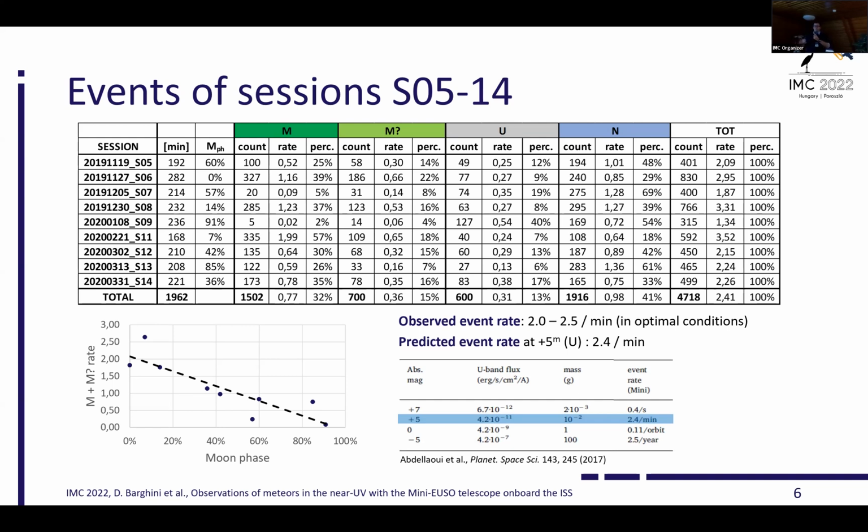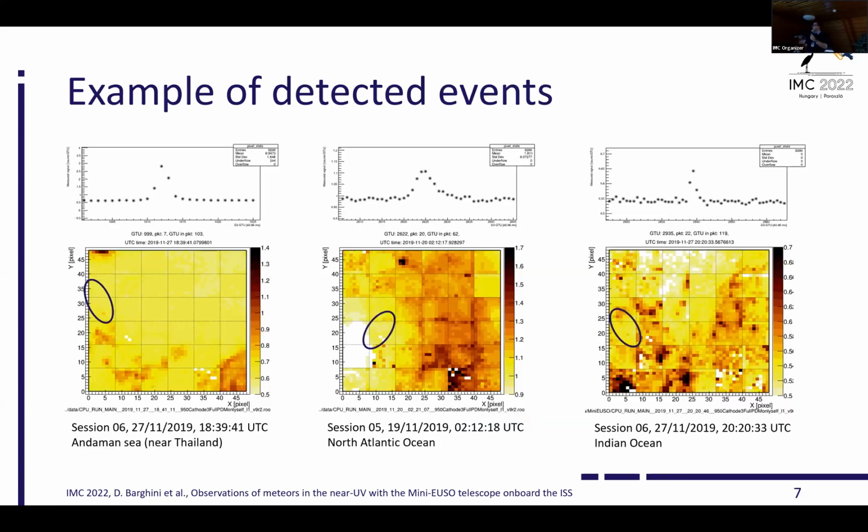The limiting magnitude, which is about +5, +6, is consistent with what we expected, and at this magnitude, the expected rate of meteors is consistent with what we observed. And this is an example of increasingly dimmer events seen by Mini-EUSO. Of course, you always see something in the background, which is, I don't know, clouds or Earth signals like continents or countries.